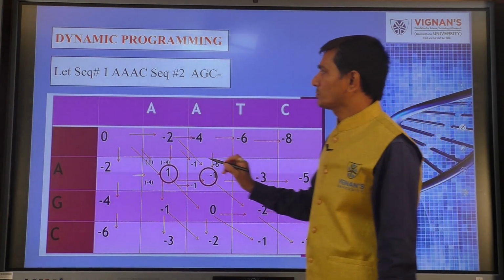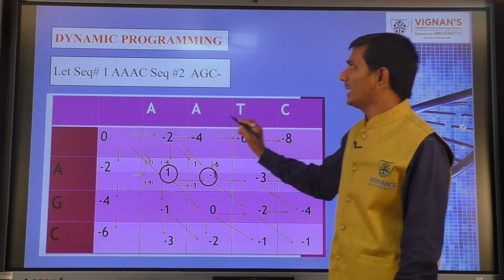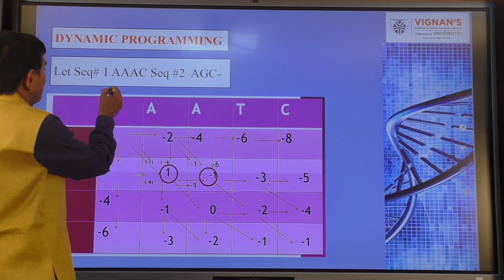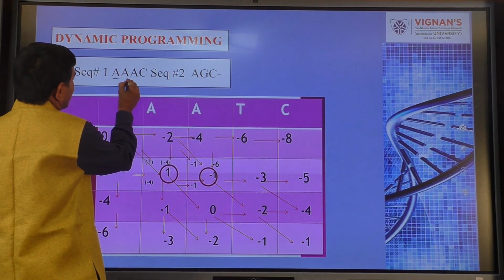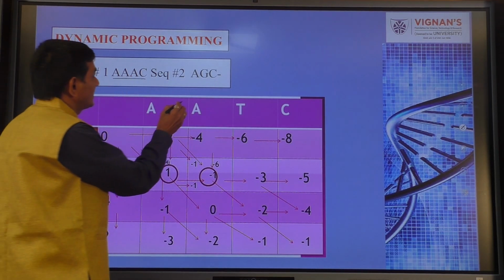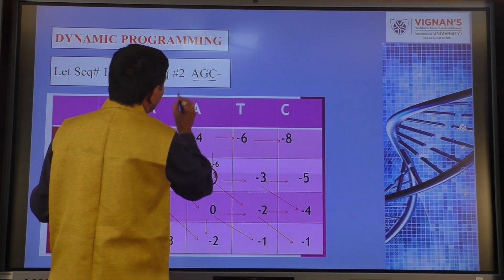So, let us see a small problem especially for global alignment. Here the two sequences are: the first sequence is of 4 characters, and the second sequence is of 3 characters.